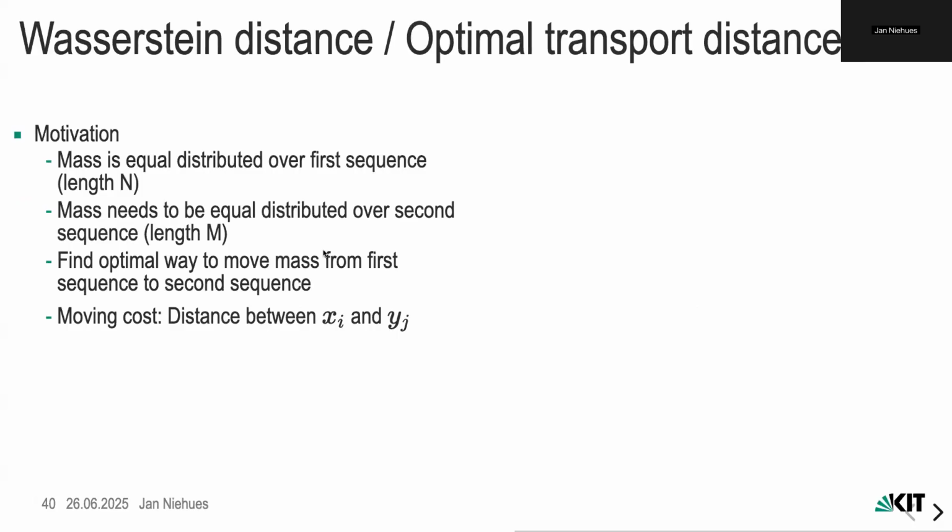The method is the following. We have initially the mass distributed across the one sequence, so each element has one over n of the input. And what we want to do now is to transport this to the target sequence, where the mass is equally distributed, which has length m. The idea is to find an optimal way to move the mass, and the cost of moving from one element to the other is always the distance between the individual ones.